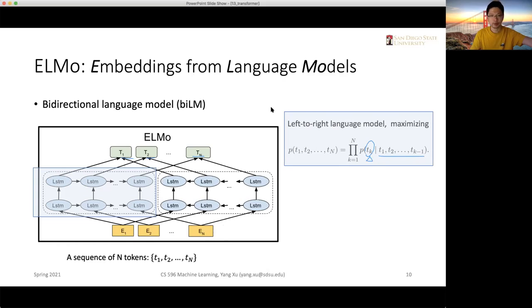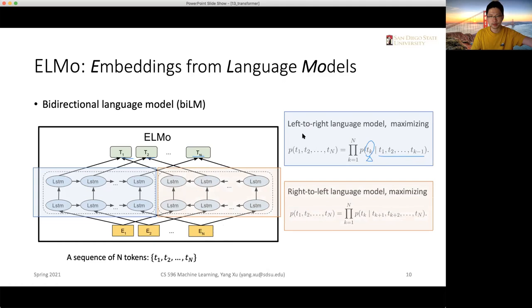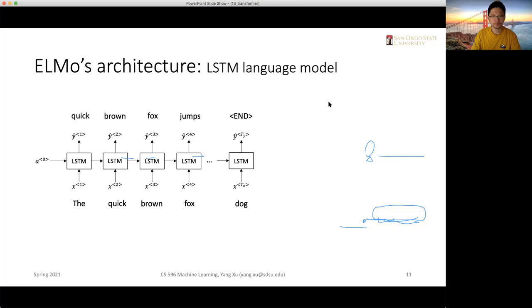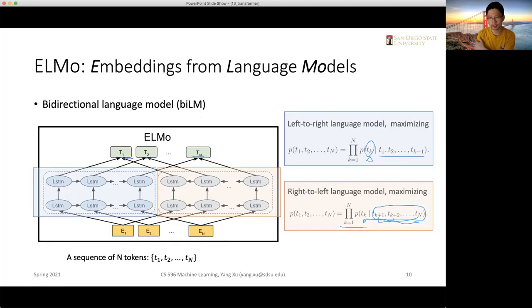For the right part, it is a right-to-left language model, and its task is to predict the next word by maximizing the probability of the next word given the context on the right, which is K plus 1, K plus 2, all the words on the right of a word. Having these two models trained together, we are able to obtain some meaningful representations from the model's activation layers.